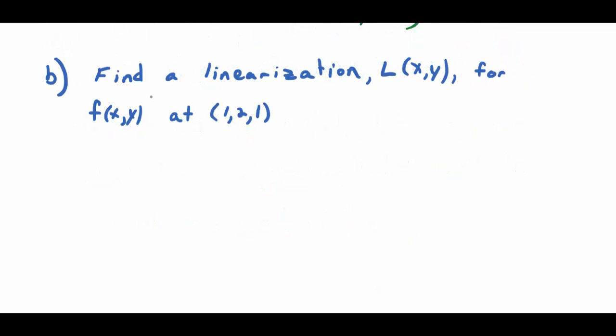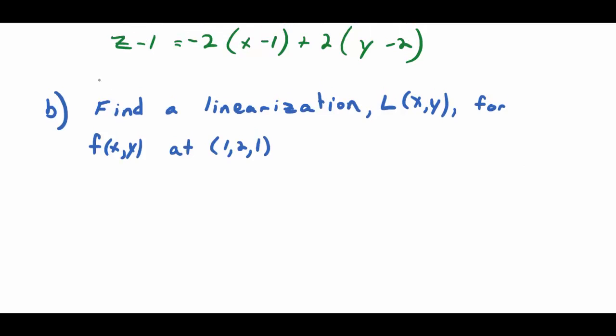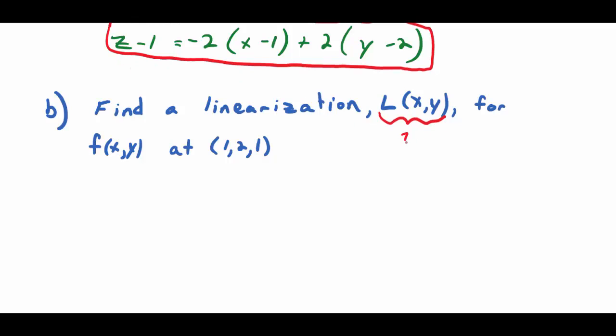So in part B, we're going to find a linearization, call it L of x, y, for f of x, y at that point of tangency (1, 2, 1). In the last example, we got this as our equation of the tangent plane. The linearization is just this solved for z.